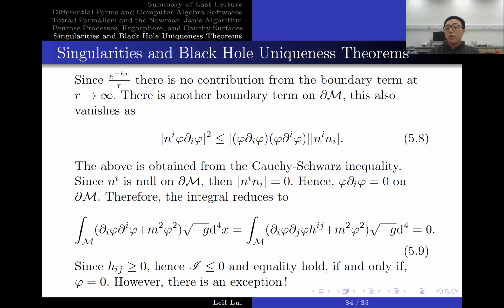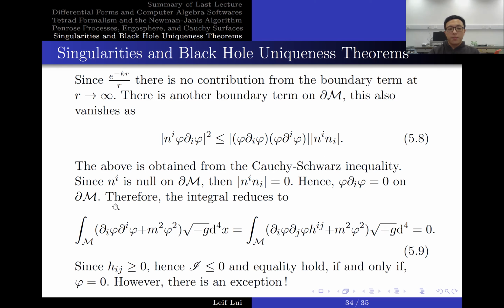There is another boundary term at ∂M, and this vanishes because of this inequality, and this inequality is obtained by Cauchy-Schwarz. And given that n^i is a null vector on ∂M, then n^i contracted with itself is equal to 0. And since this is 0, this must be bounded by 0, so this is also 0.